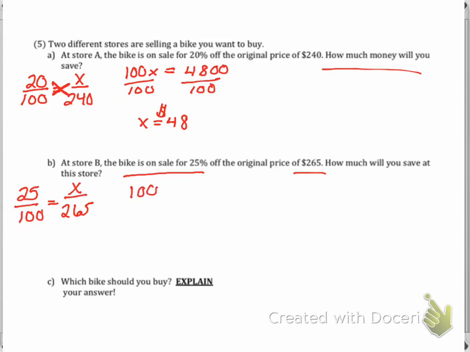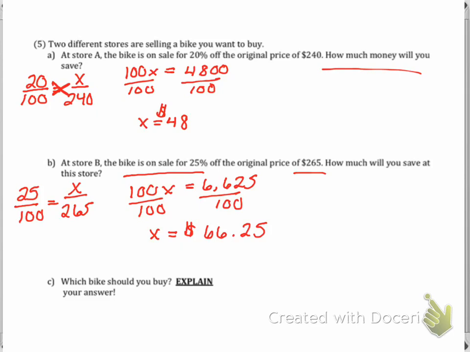Cross multiplying, 25 times 265 gives me 6,625. Divide both sides by 100, and I get that x is equal to, and since we're talking money, I've got to use my units, 66.25, or $66.25. That's how much I'm going to save at store B.